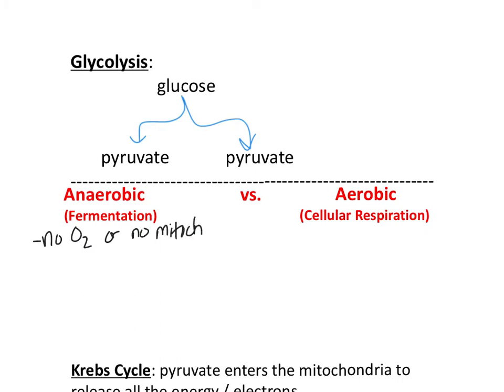So if either of those conditions are true for the cell, it will be forced to go into anaerobic respiration. In anaerobic respiration, the cell does glycolysis as normal, and then it undergoes fermentation. You may have heard of lactic acid fermentation.